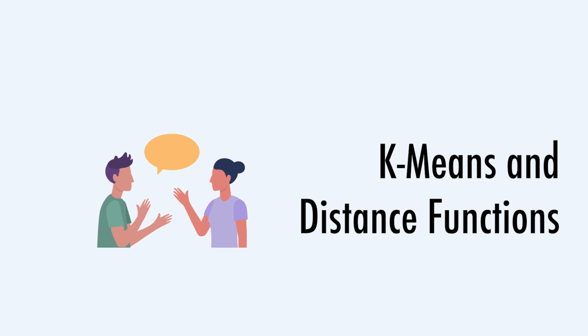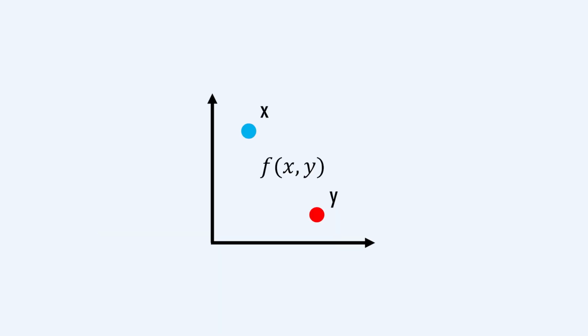An ongoing discussion on the topic of the appropriate distance function to use when working with K-means. Remember that a distance function or a metric function in clustering is a mathematical function that defines the distance between two observations of the dataset.